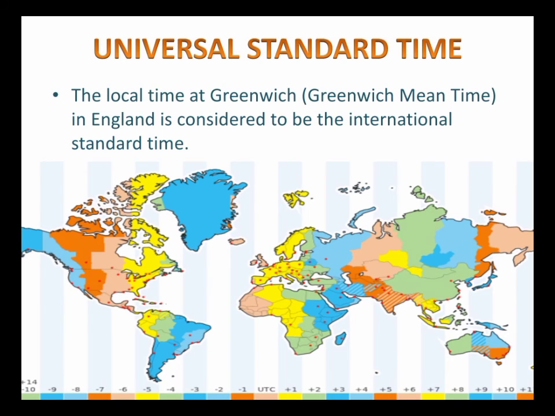Like the longitude in the middle of a particular country is considered the standard time of the country, similarly, the line which comes in the middle of the globe, that is your GMT or prime meridian, is considered to be the universal standard time. So whatever time is at the prime meridian, that is the universal standard time, and the local time at GMT in England is considered to be the international standard time.